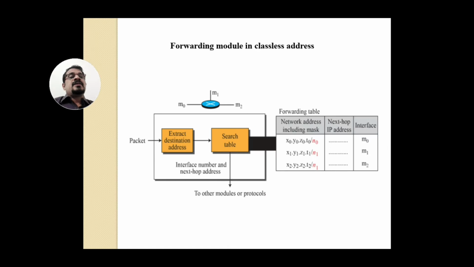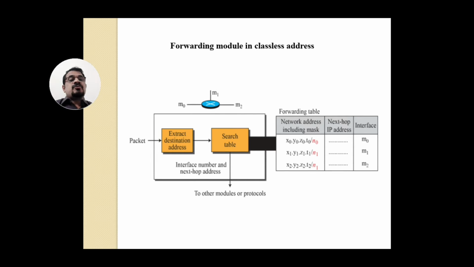Now the forwarding module in classless addressing. Here you can see there is one router with multiple interfaces: M0, M1 and M2. This router maintains a routing table. The routing table should contain the network addresses including the mask, because it is classless. If it were classful, there would be no problem, but if it is classless, it must have the masking bits also.